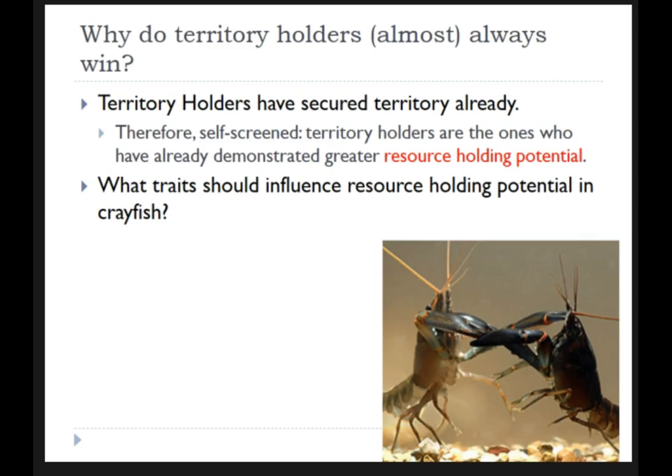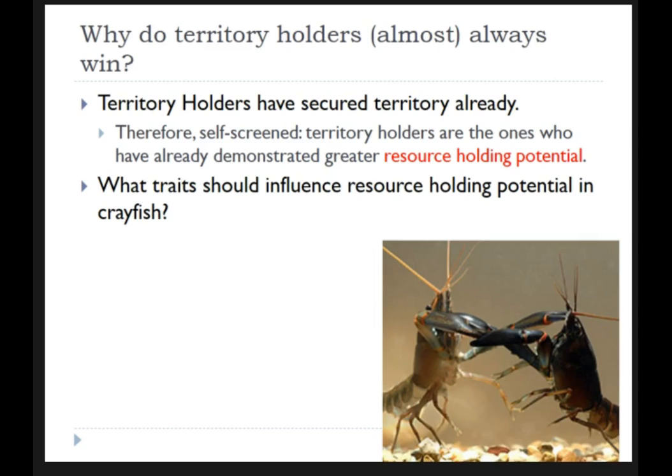Most of the time that means the individual either came upon an empty territory and fended off any rivals right away and was able to secure it, or was one of these rare times where the encroacher actually defeated the incumbent. So these territory holders have already secured a territory. They've already demonstrated strength, dominance, whatever it is that allows them to secure it.